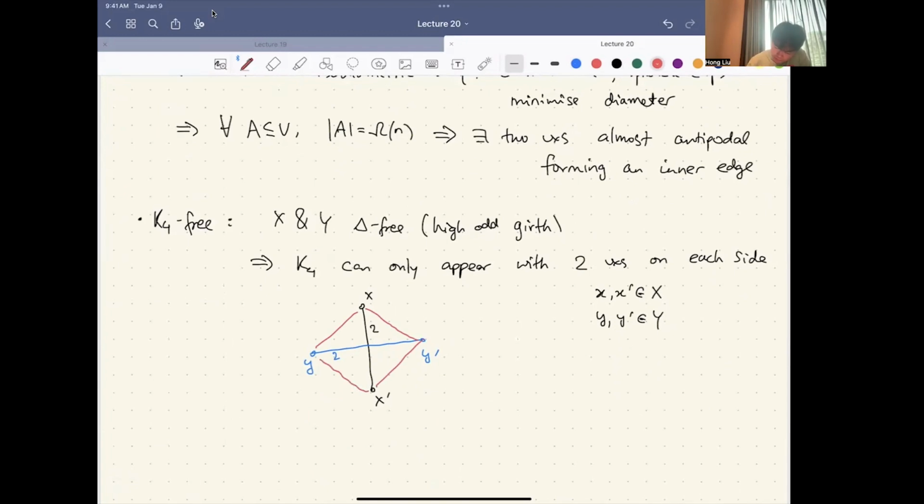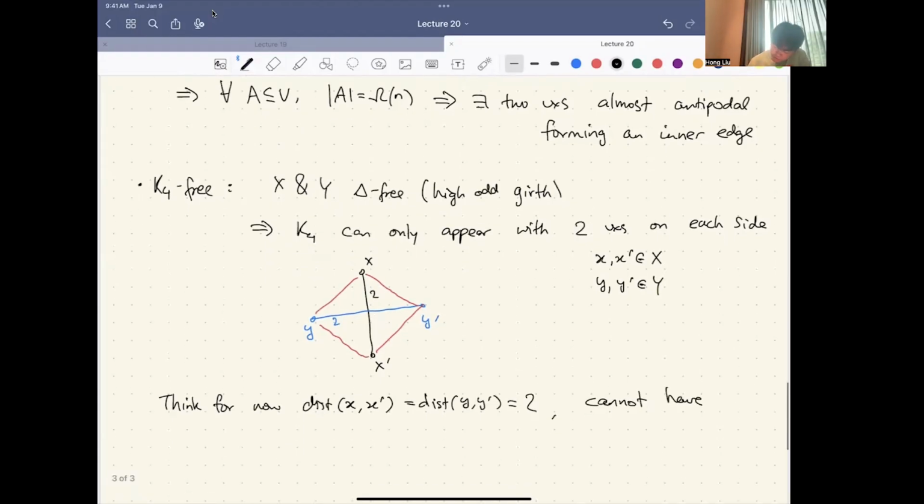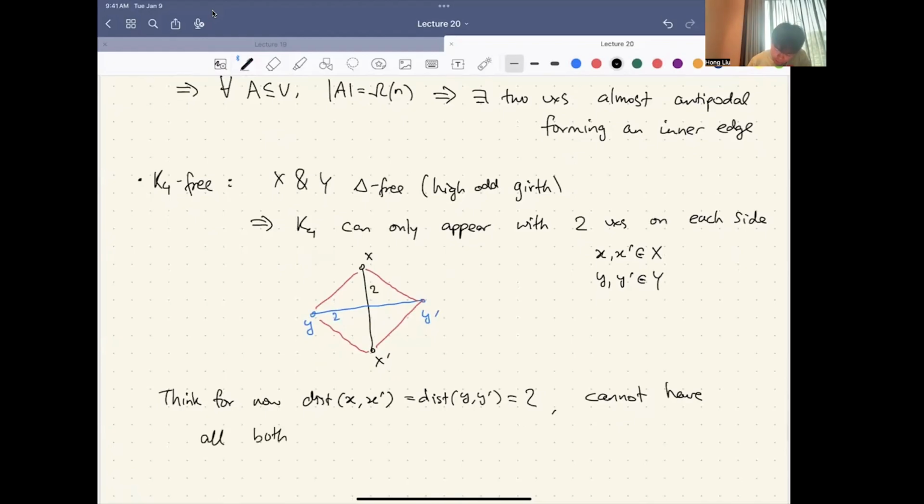If the distance is exactly 2 because they are inner edges, we cannot have all 4 red pairs at distance strictly less than square root 2.